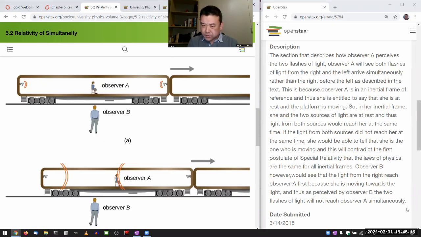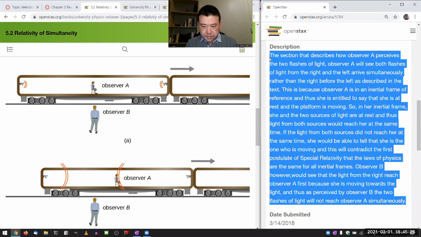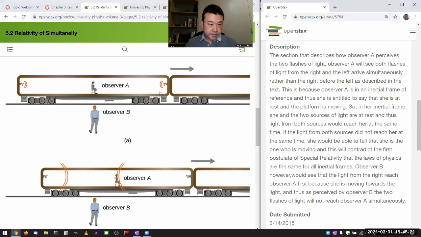I think you can actually see something within this description that's internally inconsistent, because whether these two lights arrive at observer A at the same time or not, that's an unchangeable fact.